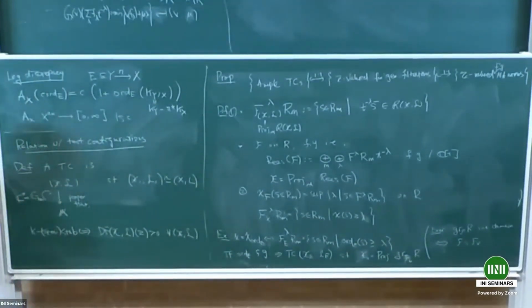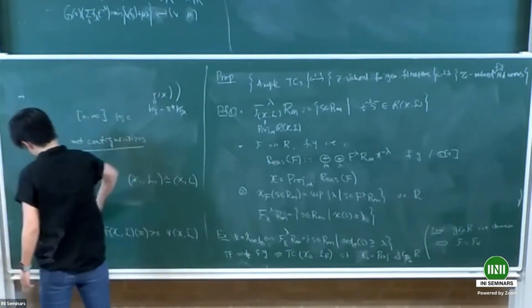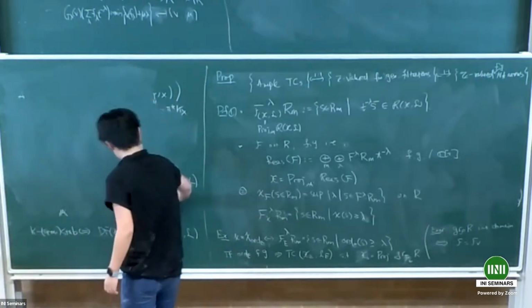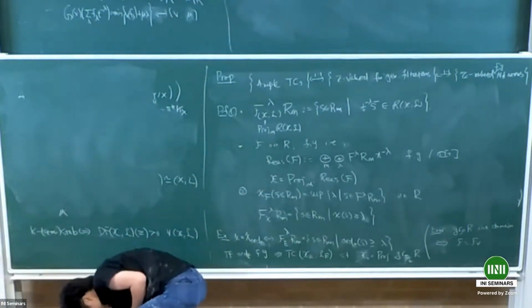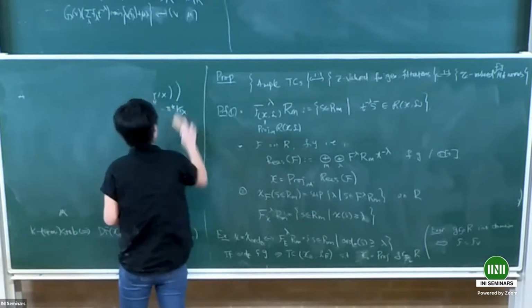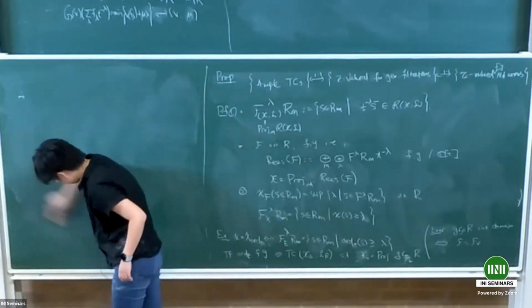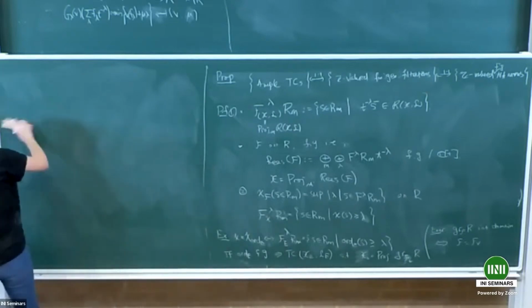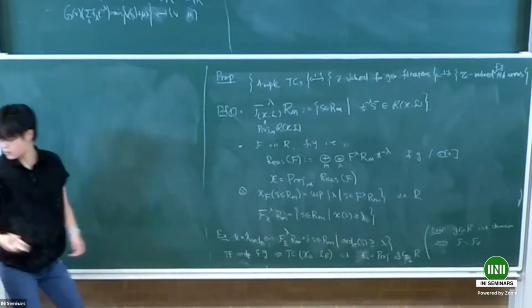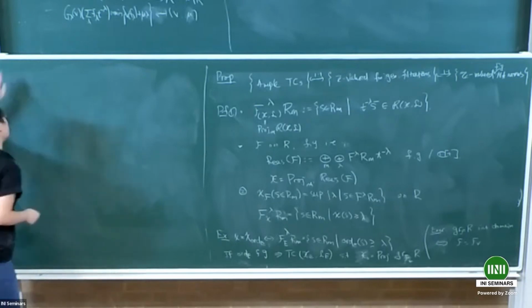So the upshot of doing all this is that you can rewrite the Donaldson-Futaki invariant purely in terms of some sort of variational formula on the space of filtrations or the space of non-Archimedean norms.